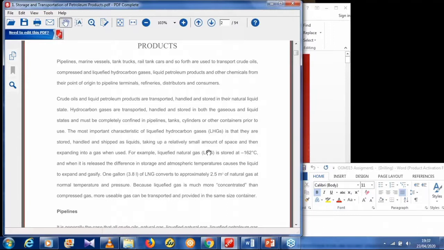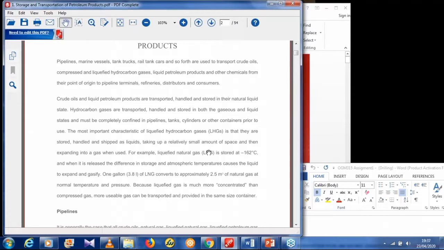There are temporary storages that are used when we have the movement from the rig to the flow station. There will be a temporary storage at the refinery before it is channeled for separation. Okay, so we are still going to come to storage.